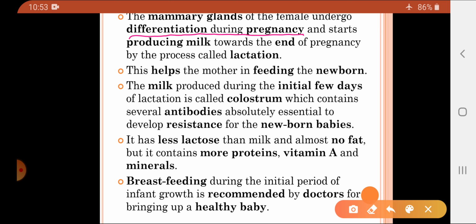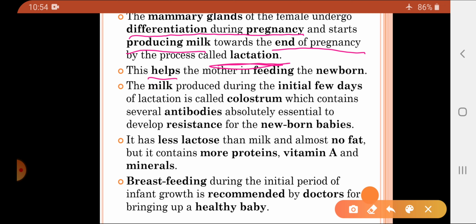They are more developed during pregnancy and they start producing milk towards the end of pregnancy. That process is called lactation.